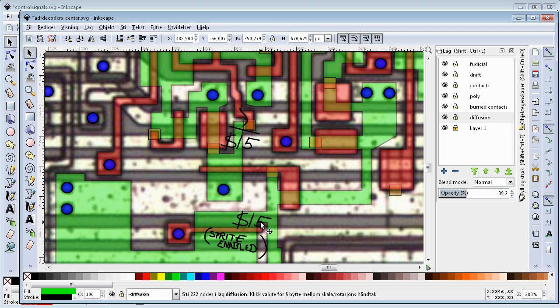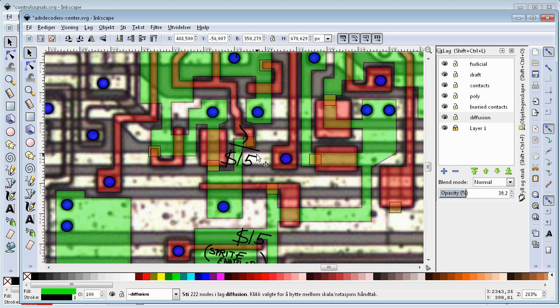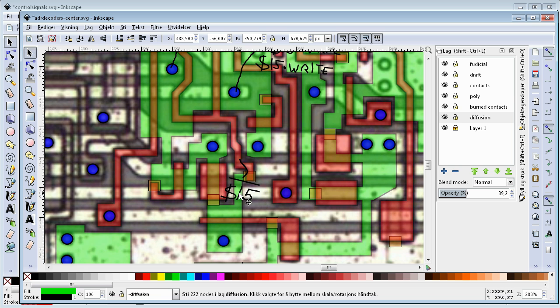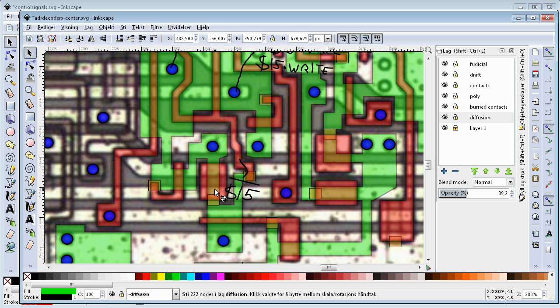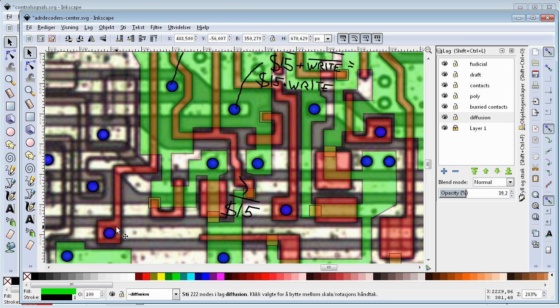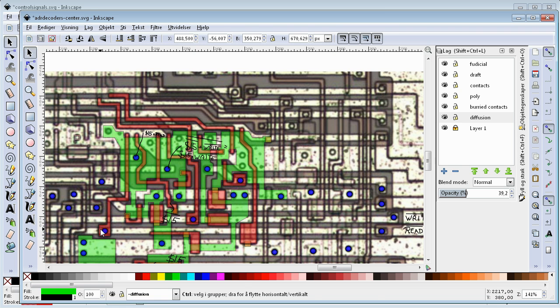So there you have an inverter here, therefore you get $15 negative or inverted, and that's on this line. And this line here is read inverted. So yeah, you can see it over here, it's read inverted, and it is then ORed together with this one.